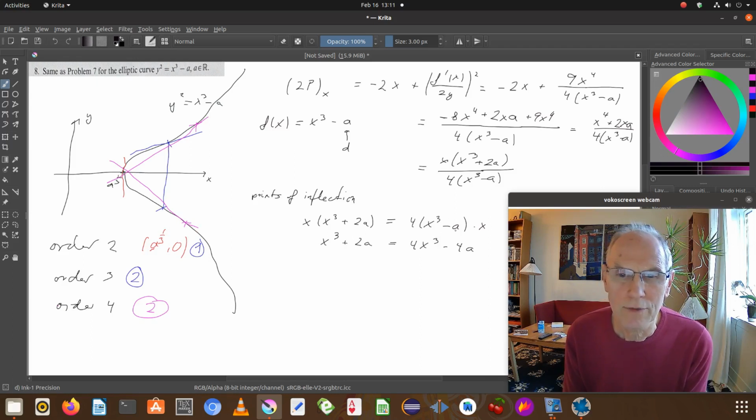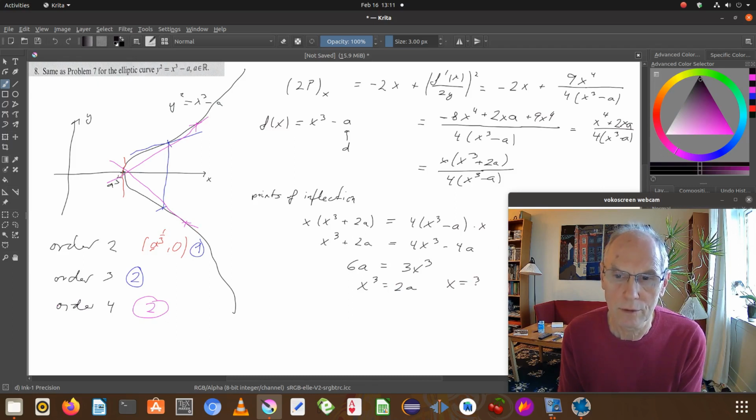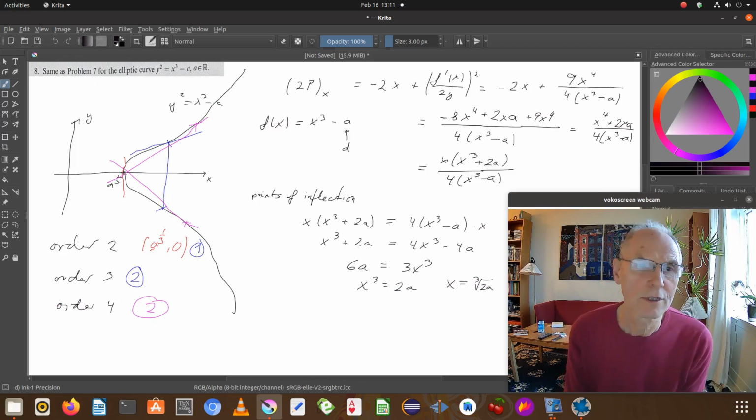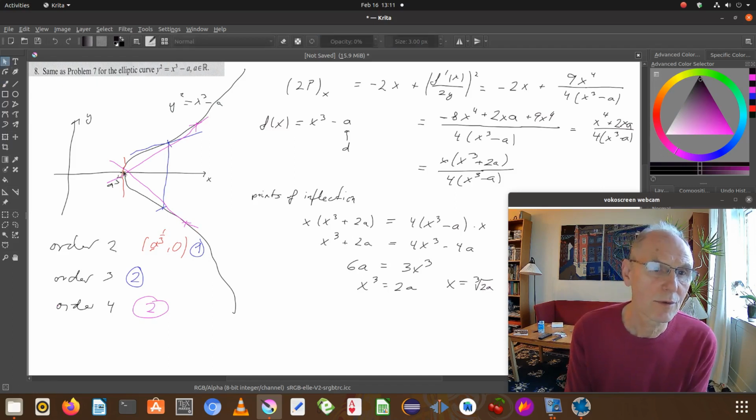I just wondered if it was, oh yeah, it's 4 down here. So it's the cubic root of 2 times this number.